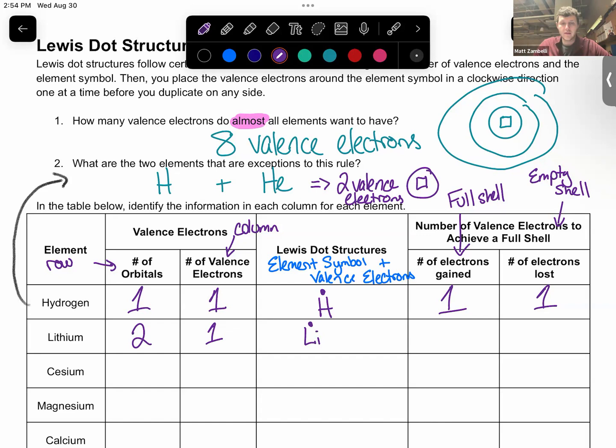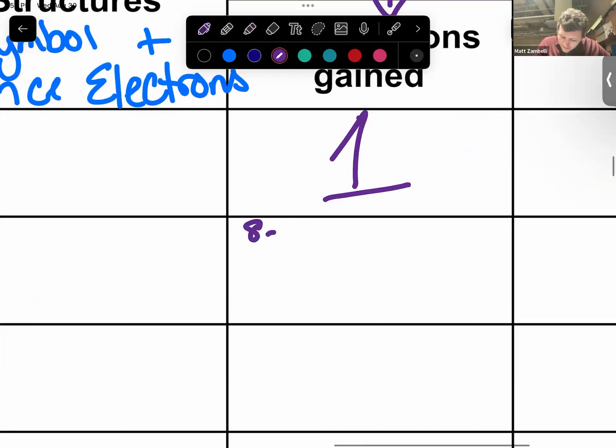And we're good. But unlike before, lithium is like the rest of them, where it needs a full 8 in order to be happy. So if we need to get to 8 from 1, 1 plus what number gives us 8? If we do our math, 8 minus 1 is 7.